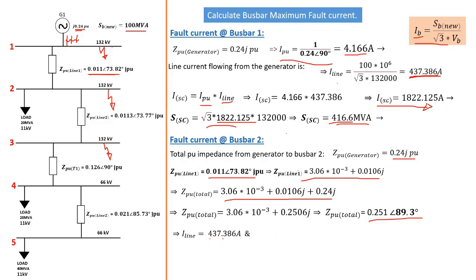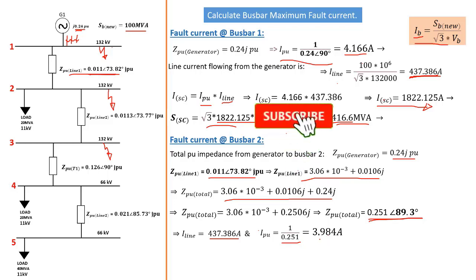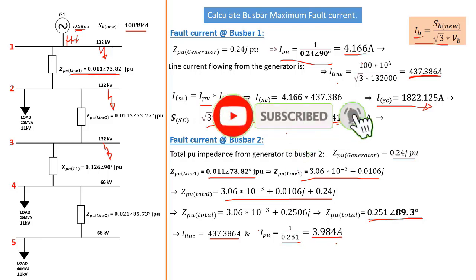This is why our I line will not change. Then we calculate our I per unit, which is 1 over Z per unit. Z per unit is the total we found, j0.24 plus this one, so that gives us 3.984 amps. That's the I per unit.